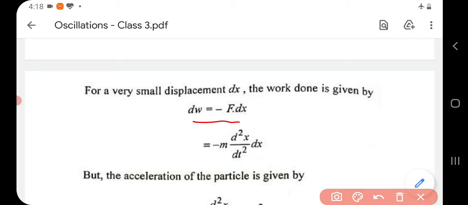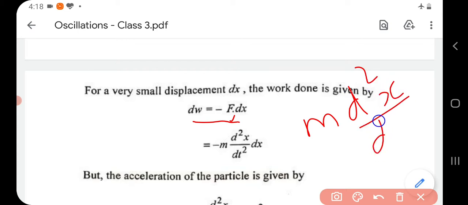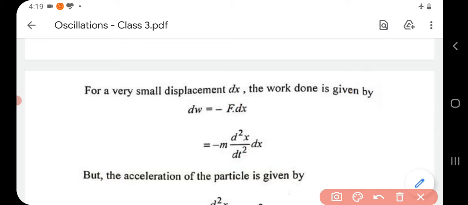Okay, now what is this force? Force is mass into acceleration, m into d square x by dt square. Okay, if x is the displacement, dx by dt is the velocity, and d square x by dt square is the acceleration. So, in place of this F, you are writing mass into acceleration, m into d square x by dt square. dx is kept as such, negative sign is also kept as such.